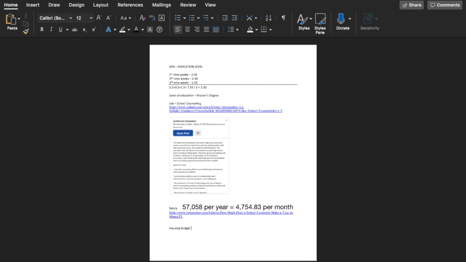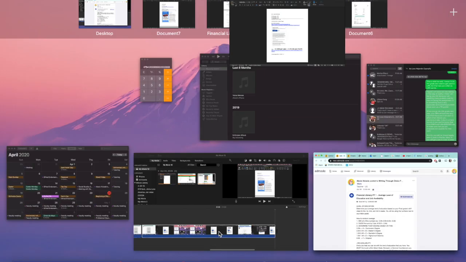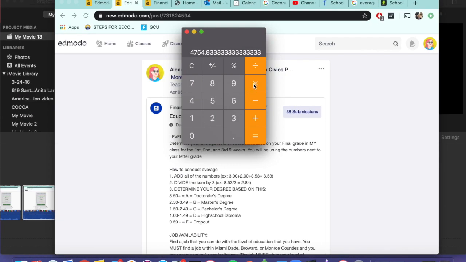Housing budget is 30% of how much we make per month. That means we would have to multiply $4,754.83 by 0.3, which is 30%. When you multiply it, it's going to give you a smaller number, $1,426.449.